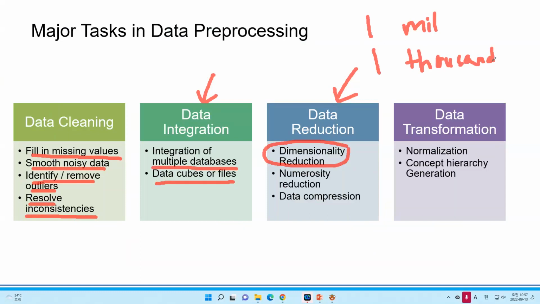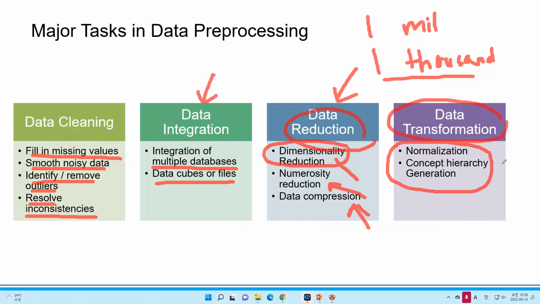I don't need to use the big data if the result is the same. So we can just use a small amount of data, and there are some techniques to reduce big data. We call them dimensionality reduction or numerosity reduction, and we will learn some concepts about data compression. Data transformation. We will learn some concepts about normalization and concept hierarchy generation.